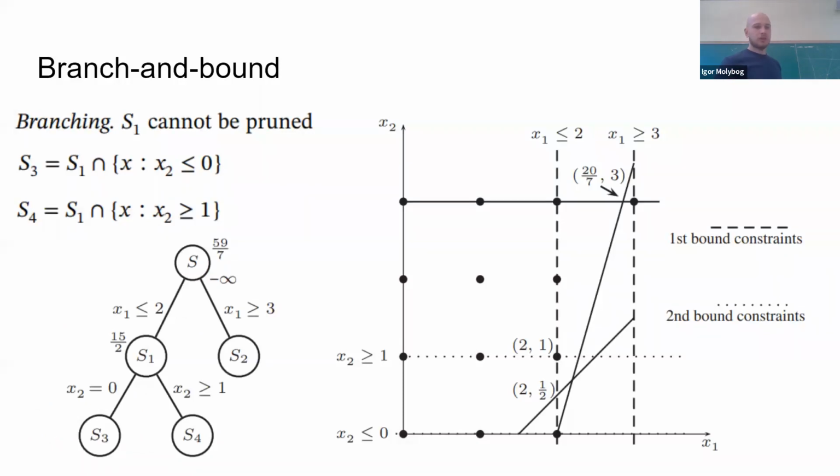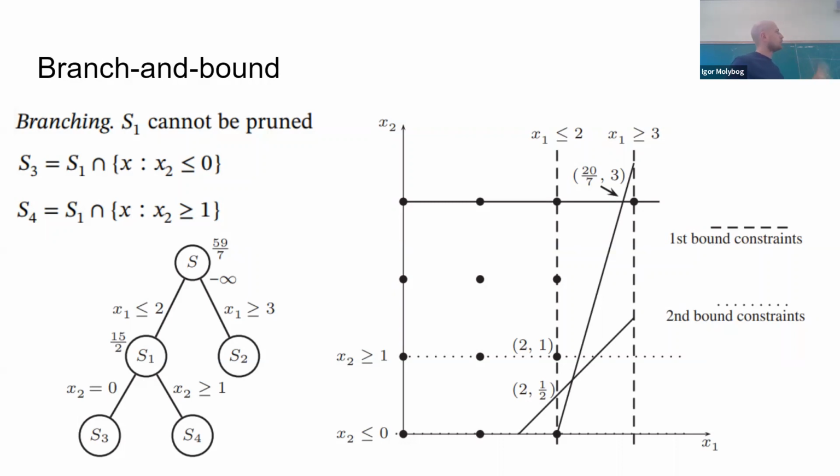Any other questions here? Okay. Here I want to say that we are adding a new upper bound for S1, and we do not add a new lower bound for S1, essentially because we don't have any feasible solution at this point, and all bounds are bad for us at this stage.